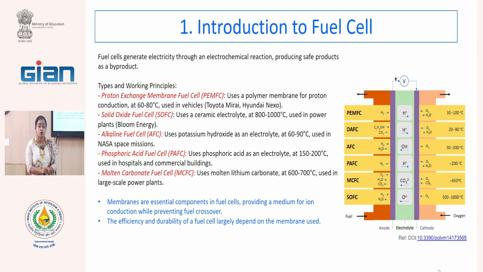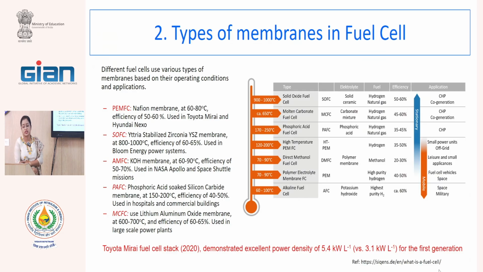If the transport through these membranes is very slow, then they can be a rate limiting step and can reduce the efficiency of a fuel cell. So, that is why it is said that in a fuel cell the membranes or the electrolytes are the heart of a fuel cell. So, it is very important to keep them in very good condition.